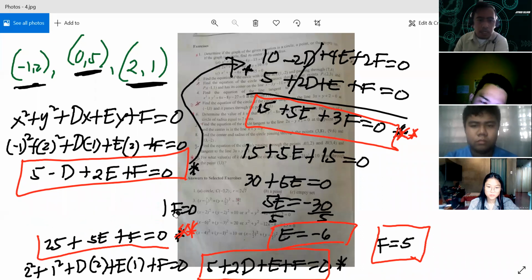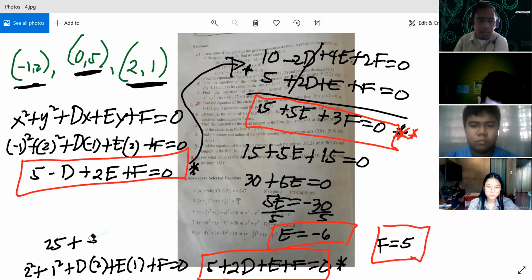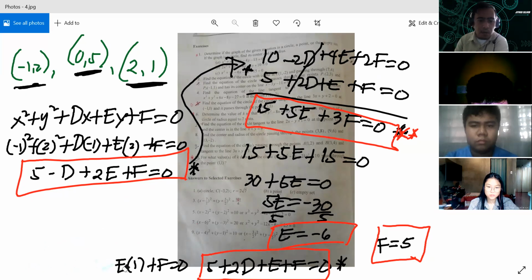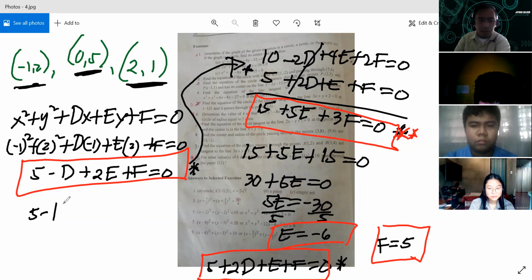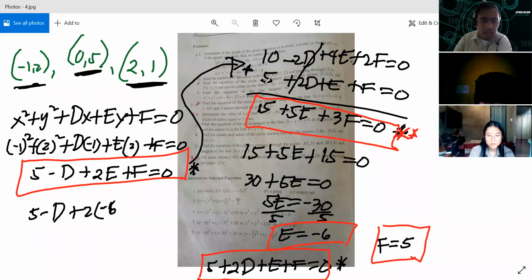What we will be doing is we will just use the value of your E and F to find the D. Because you already have your E and F, and you are looking for the value of D. It will be now 5 minus your D is unknown plus 2 times your E. Your E is negative 6. And your F is just 5.